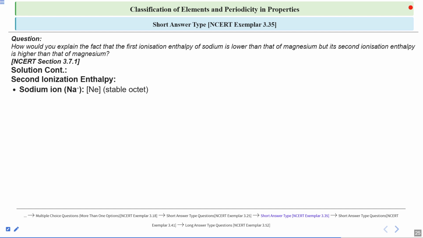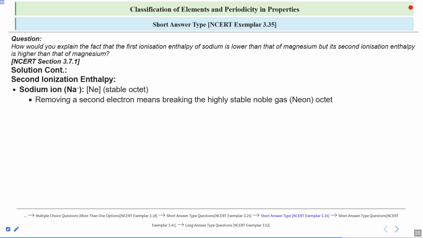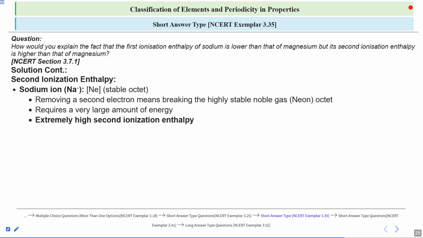It has a stable octet. So removing the second electron becomes difficult for the case of sodium, and hence it will require a larger amount of energy. Okay. So this is the reason your sodium plus is having a higher second ionization enthalpy.